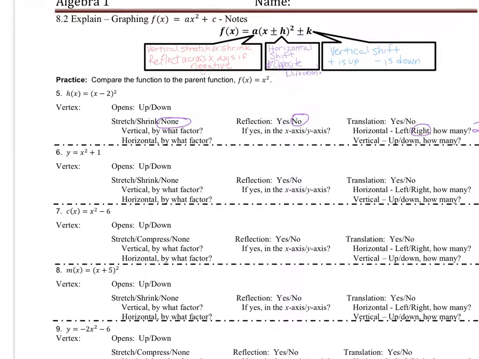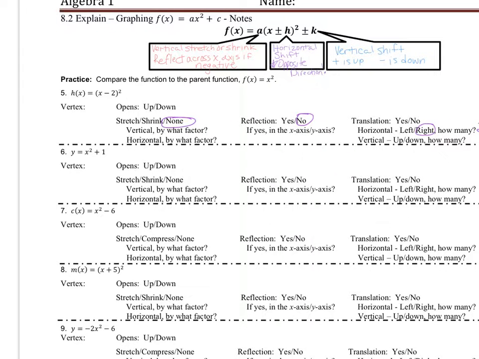So our vertex will be 2, 0. And we can get all of that just from looking at the equation and knowing what happens and which numbers change what.